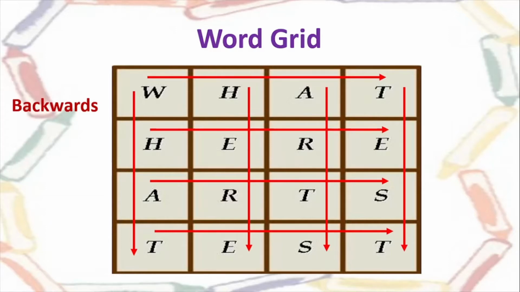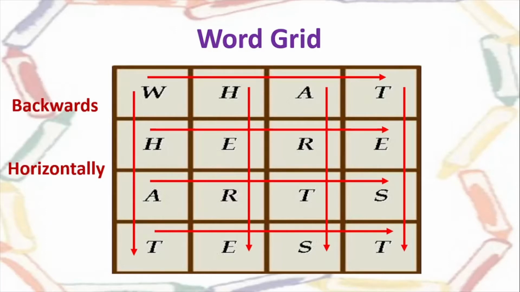That is, here, look at it, TSET, we said it doesn't make sense, but there might be a grid in which certain letters, when you read them backwards, make sense. All right, then you have the way in which you can read the words horizontally. That is, here you see starting from W to the T, horizontally. It doesn't make sense in this particular grid, but it might make sense in some other grid.